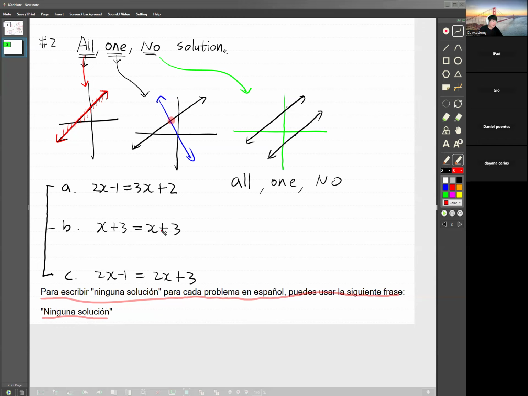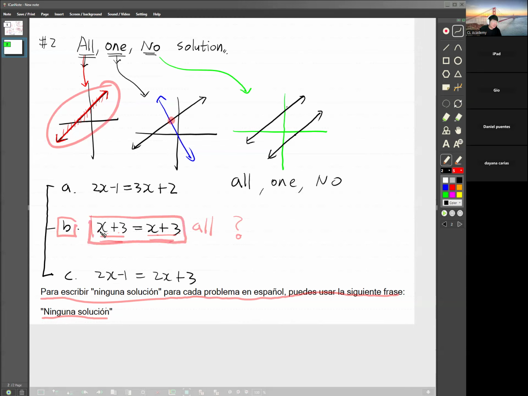Okay, let's do the easier one first. B, all solutions. Why? Look at both equations: x plus 3 and x plus 3. They're exactly the same, meaning they overlap. They're identical. You can choose any x value and this equation will make sense.